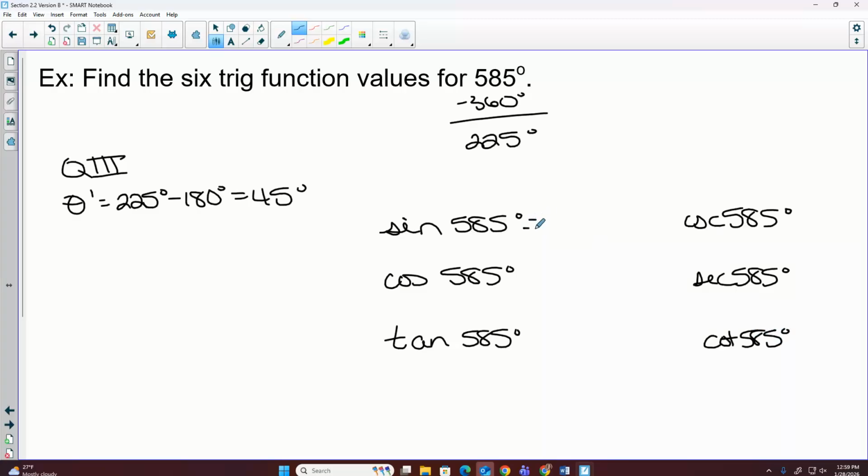Okay, so in quadrant 3, I know tangent and cotangent are positive, so the other 4 will be negative.